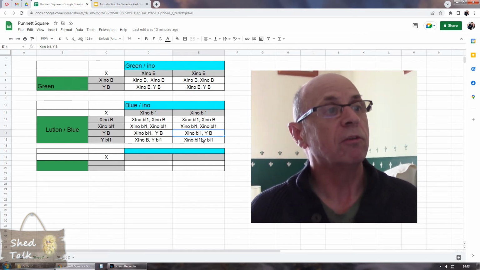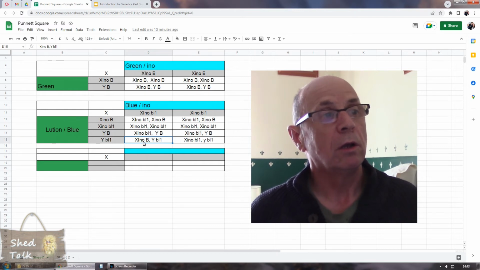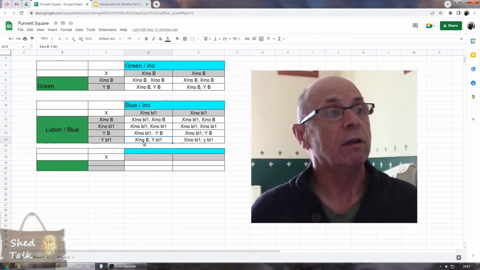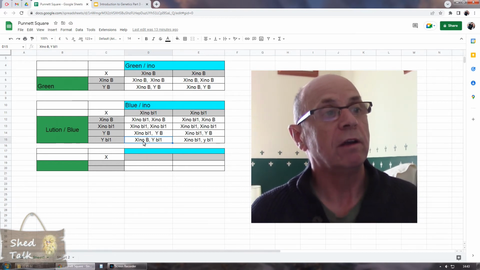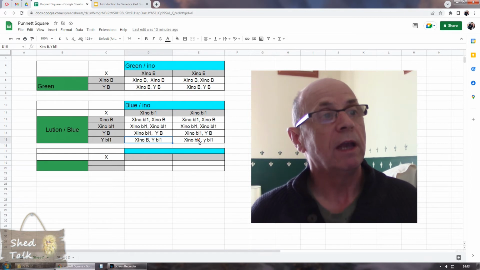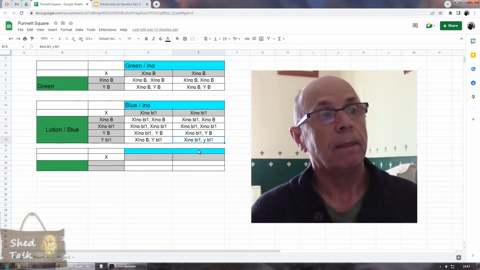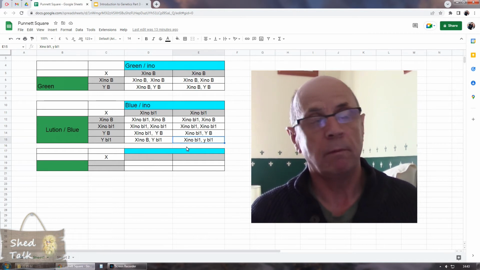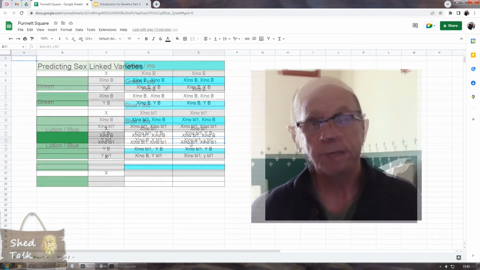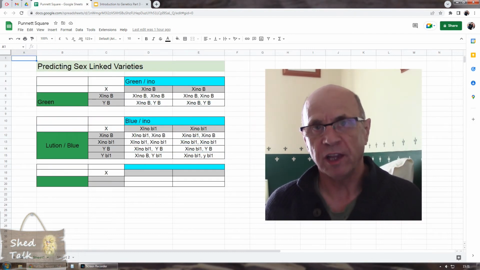This one here is going to be a normal green, again split for blue, and this one here is going to be an albino because it contains 2 of the recessive blue genes, or mutated blue genes, and it contains the mutated ino gene.